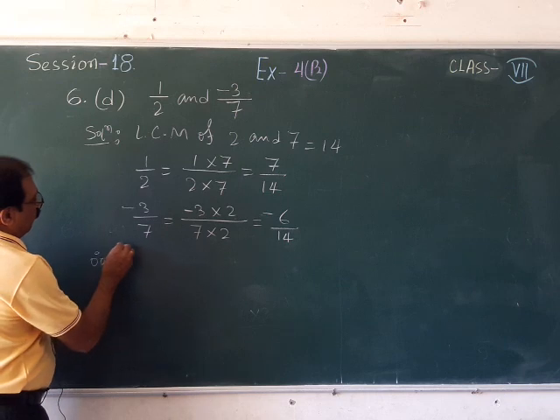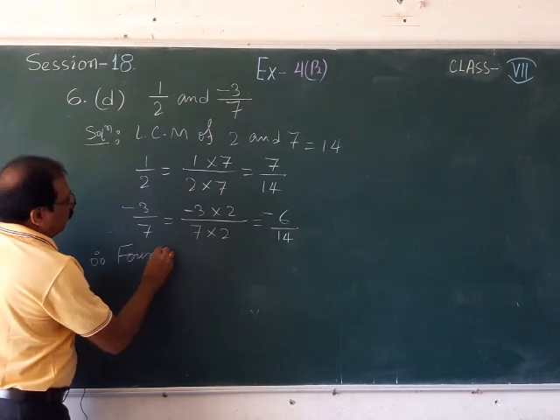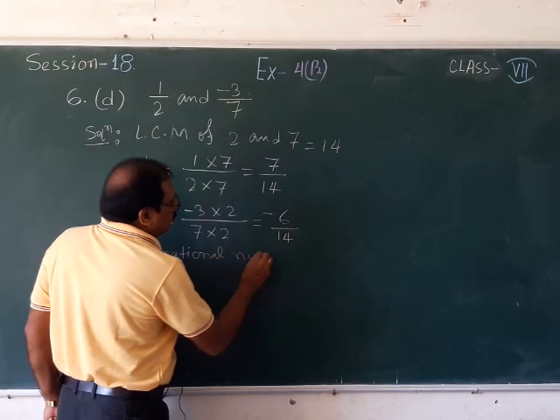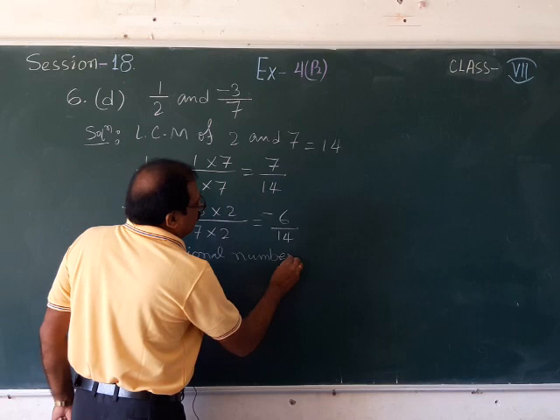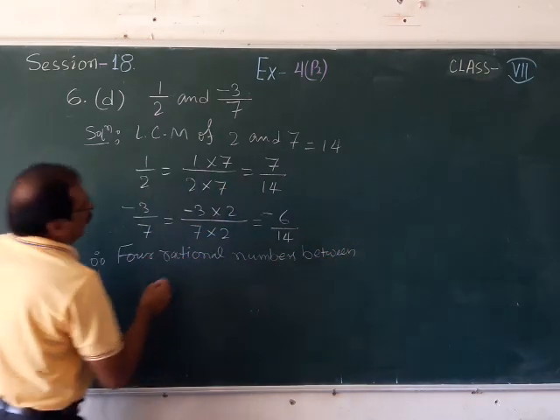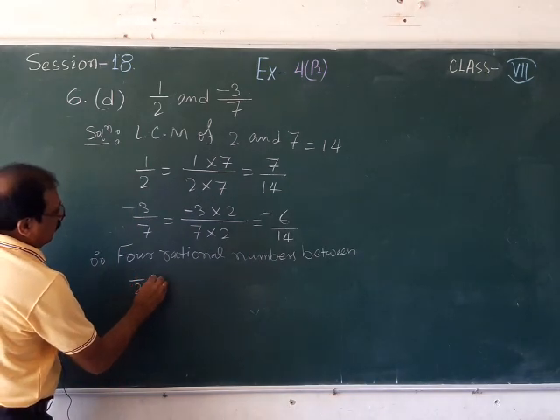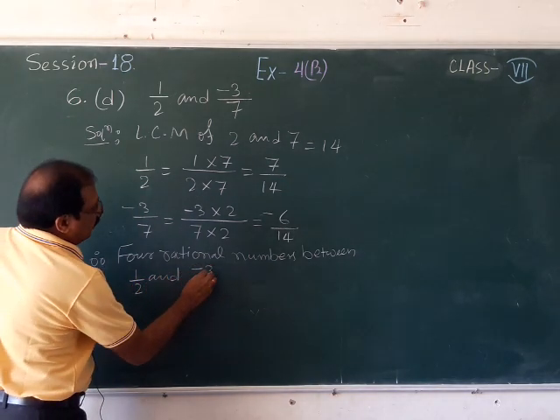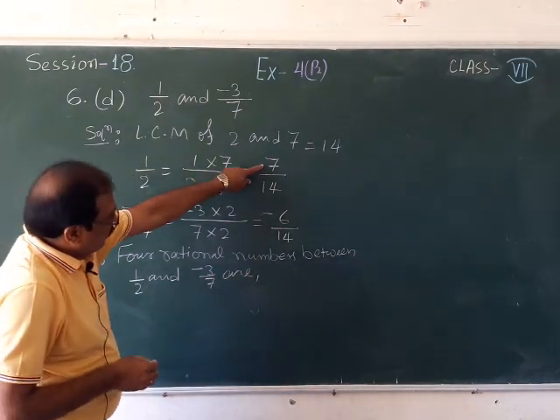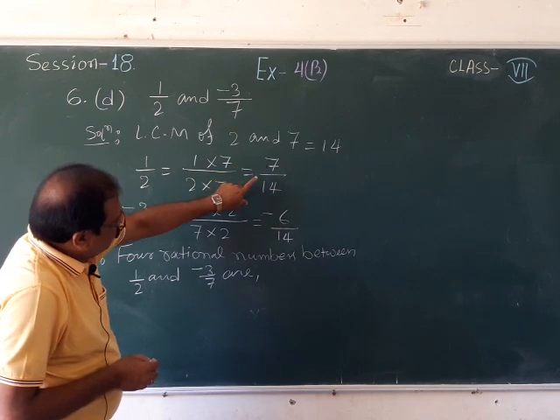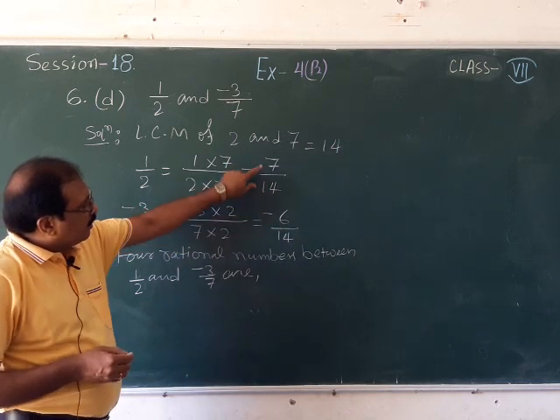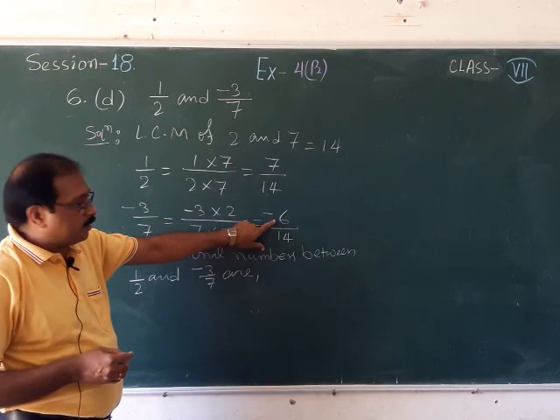Now between 7 and -6, how many numbers do you have? Therefore 4 rational numbers between 1/2 and -3/7 are, what are the numbers? After -6, you can see which is bigger: 7/14 is bigger, -6/14 is smaller.